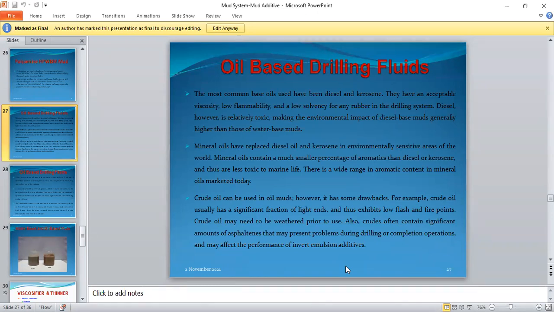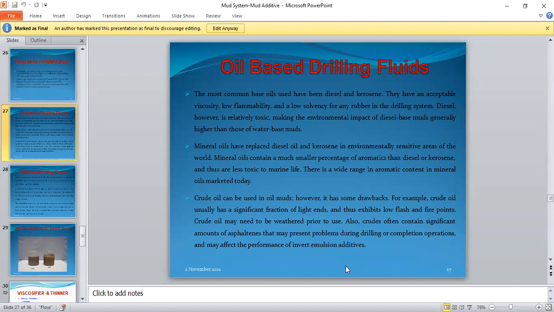Now, sometimes they might want to use crude oil, but crude oil has gas. If you use crude oil, when they are trying to get information from the well, they'll begin to see small traces of gas, and they will think it's from the formation. Meanwhile, it is from what you're using. Environmentally, it also affects.